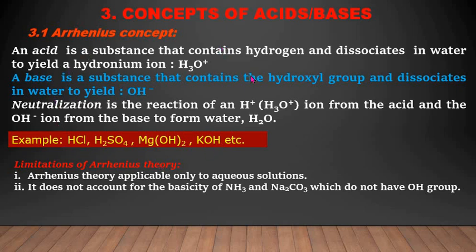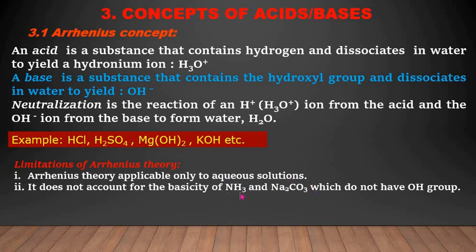Although we can identify very easily whether a substance is an acid or a base, the Arrhenius theory still has a few limitations. It only gives information regarding acids or bases in aqueous solution, so it is applicable only to aqueous solutions. And a few substances like ammonia and Na2CO3 are a problem.